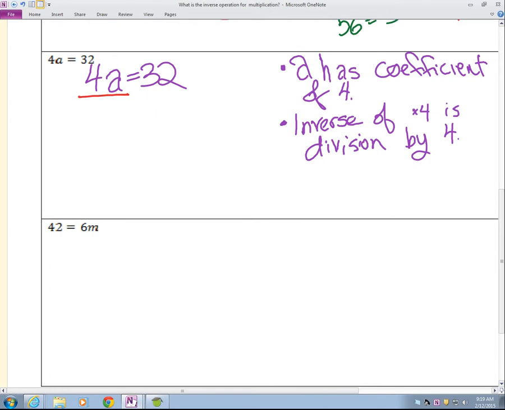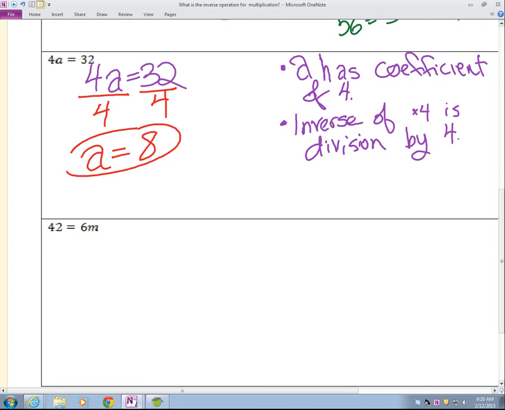So I have to divide by 4 on both sides because it's an equal sign. It has to stay equal. There's that scale being balanced, which would just leave a on this side, and 32 divided by 4 is going to be 8. Okay.